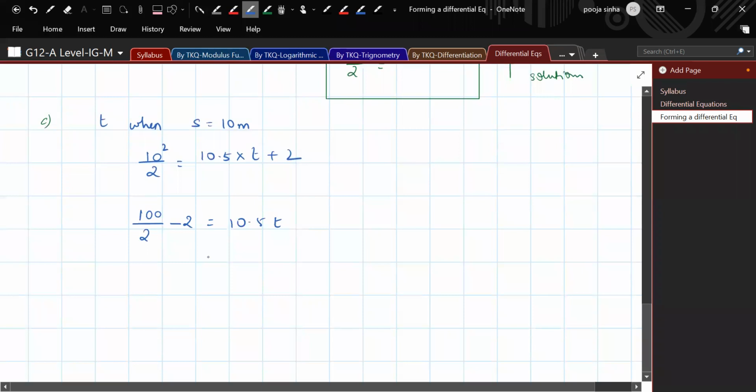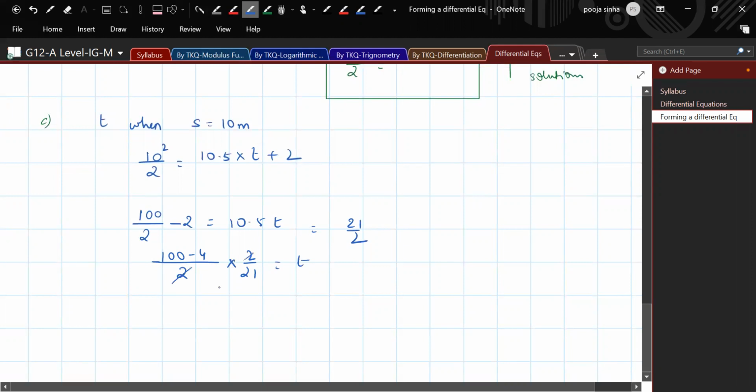Is it 4.57? Here 10.5 I'm just writing 21 upon 2, so into 2 upon 21 is equal to T, right?